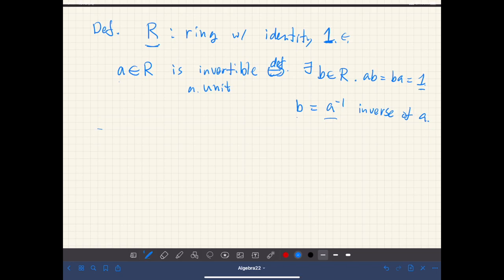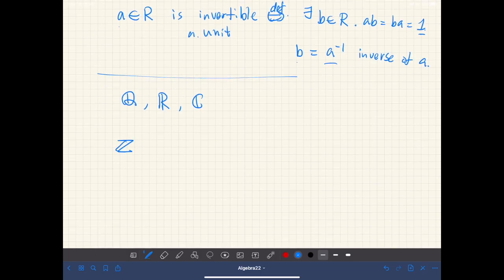For example, the set of all rational numbers, the set of all real numbers, and the set of all complex numbers. In these sets, all non-zero elements are invertible. So every element has its inverse as long as the element is not 0. And the set of integers has only 2 invertible elements, that is positive or negative 1.